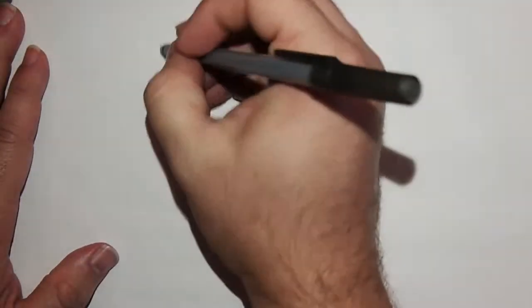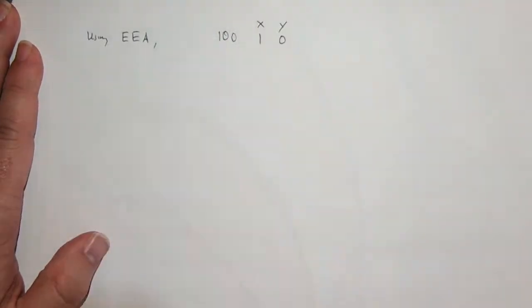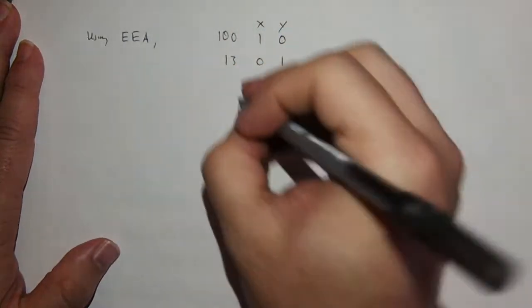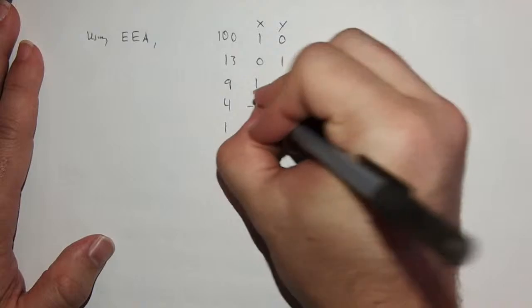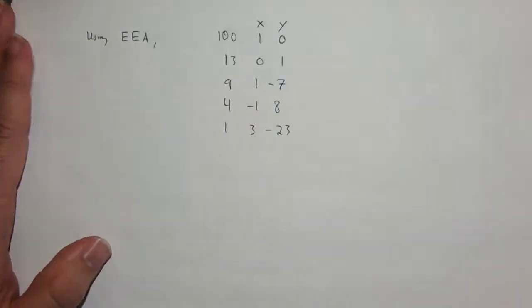So using extended Euclidean algorithm, what do I get here? So my table looks like this. 100 has x of 1, y of 0. 13 has x of 0, y of 1. I'm not going to write all these things out. So 9, 4, and 1 has a table, if you go through the extended Euclidean algorithm, of 1, minus 1, minus 1, 8, and 3, minus 23.